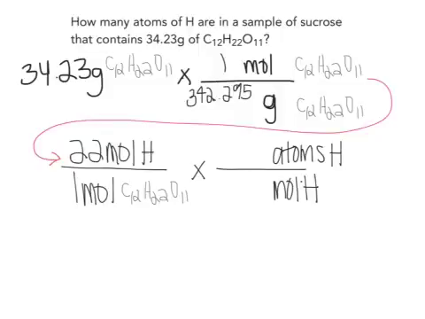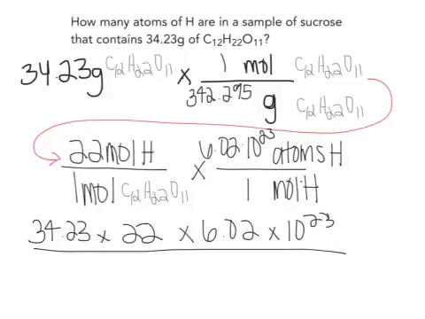From the mole ratio, we want to cancel out moles of hydrogen to get atoms of hydrogen. So for 1 mole of hydrogen, we'll use Avogadro's number, 6.02 times 10 to the 23rd atoms of hydrogen in 1 mole of hydrogen.